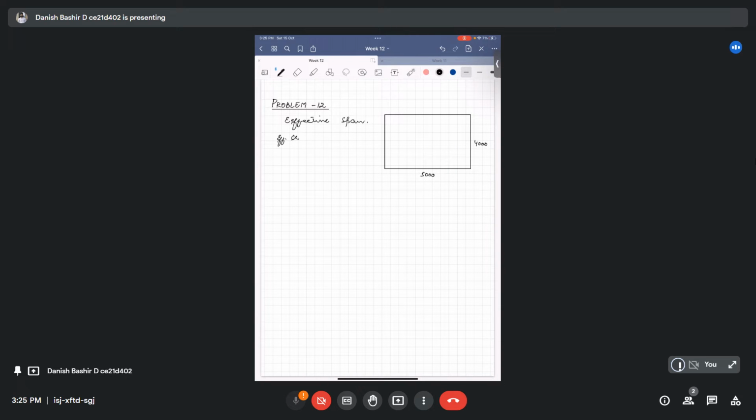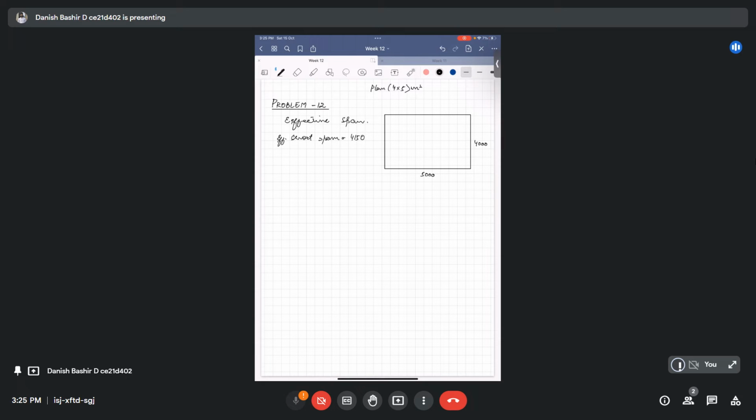Effective short span will be 4150. Okay, let me write also here details. That is plan is 4 cross 5 meter square.